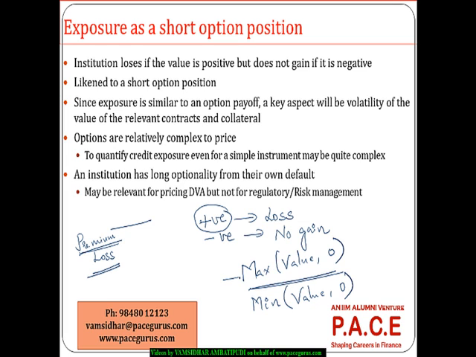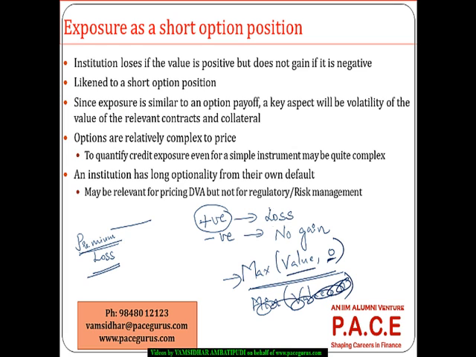If the exposure is positive, there is a loss of this much. But if the exposure is negative, then there is no gain that is coming out. Here I am not using the word exposure. It's basically the net of all the values of the contract after taking the collateral also into consideration.